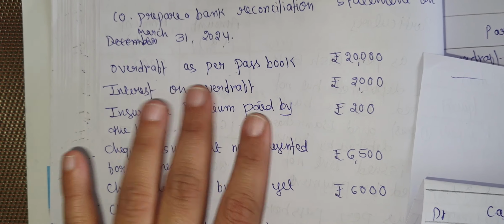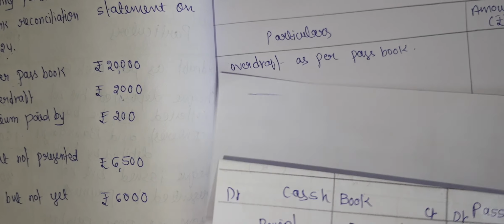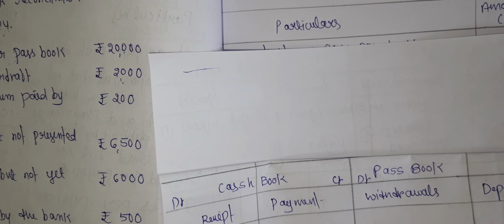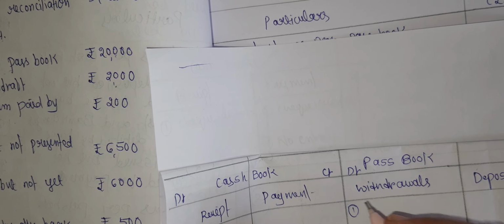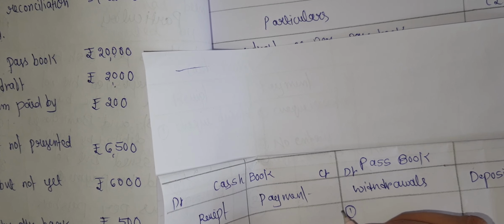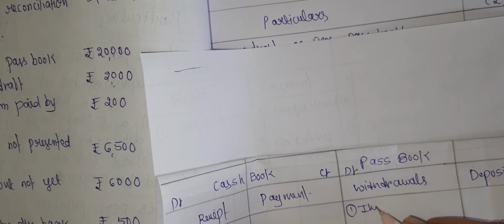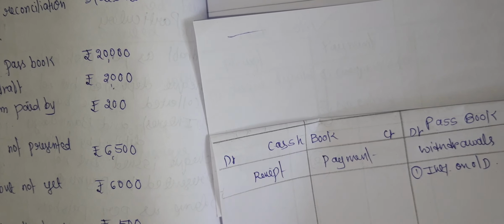So, what is the first step? Interest on overdraft, that is rupees 2,000. First step is we need to record the transaction in the cash book and passbook. Interest on overdraft is a charge imposed by the bank. So we need to record this transaction on the debit side of the passbook. And what about the cash book?